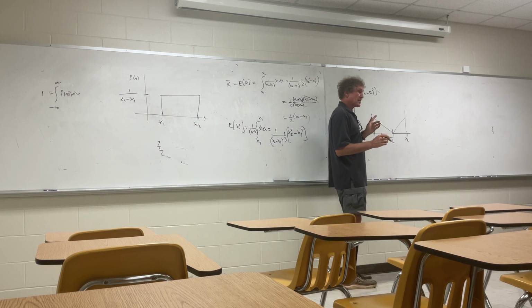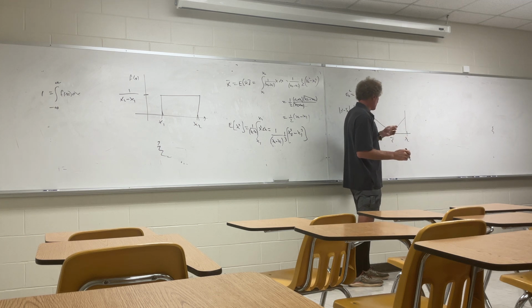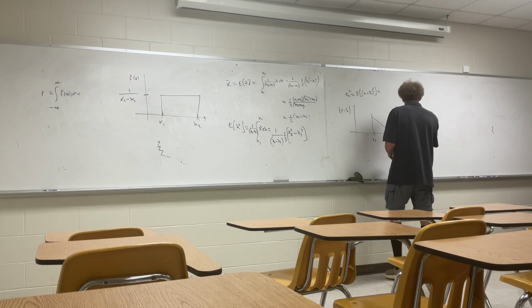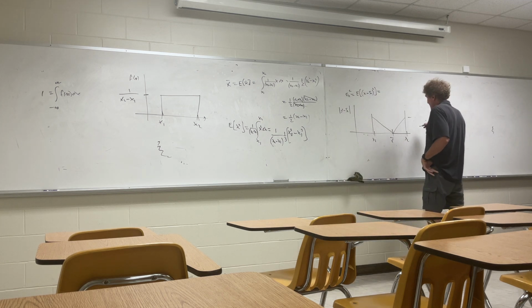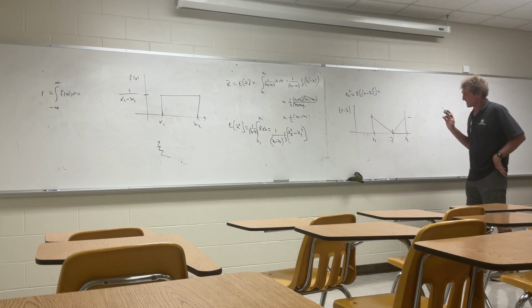Now, this width right here is x2 minus x1, and x2 plus x1 over 2 is the mean value. The height of this is simply the slope of this line, but you can get this height and this height.